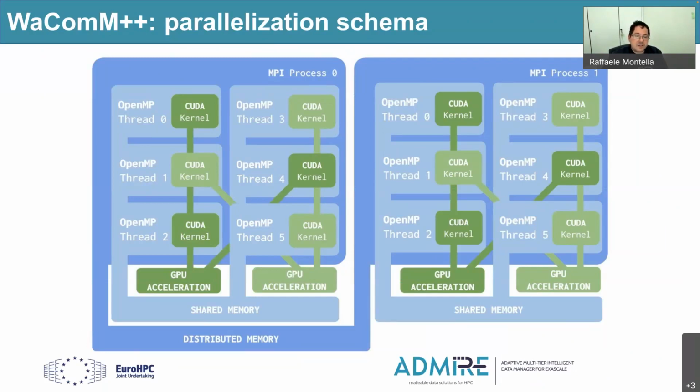Basically, the model has been designed to be hierarchical and to work on different kinds of computing units. The total amount of particles, usually many thousands up to millions, is equally distributed among MPI processes.